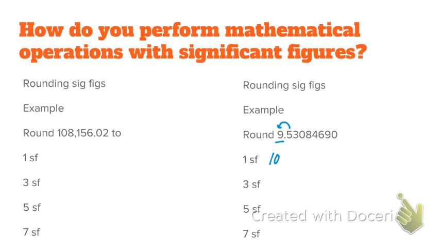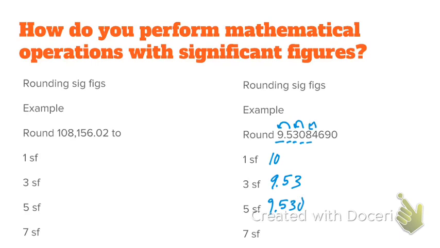The next one, 3 sig figs, I want to check this. The next number after the 3 is a 0, so my 3 will stay. If I do 5 sig figs, here's 9.530, and then let's check the 8.